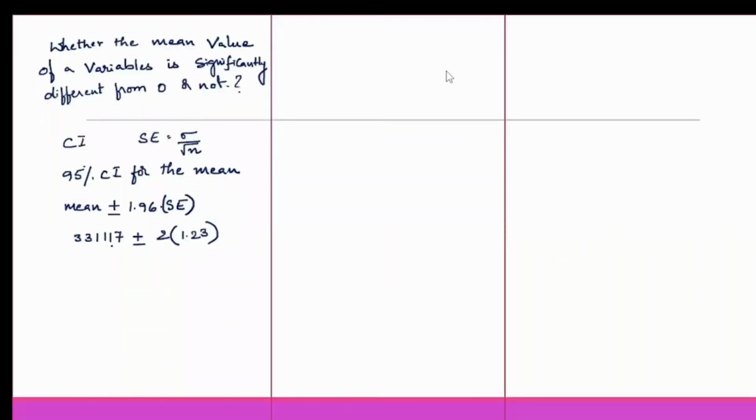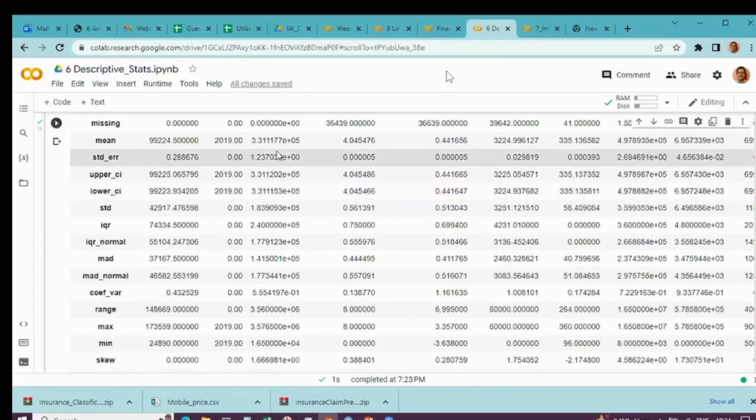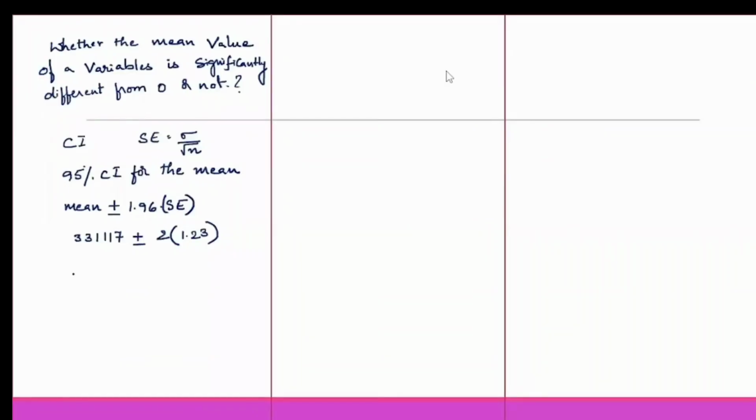The actual value is 3,31,117, and the lower and upper confidence intervals typically are 3,31,153 to 3,31,202. So what is it that we are saying?